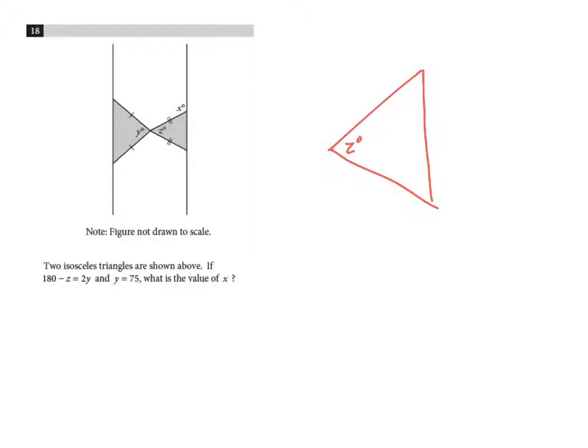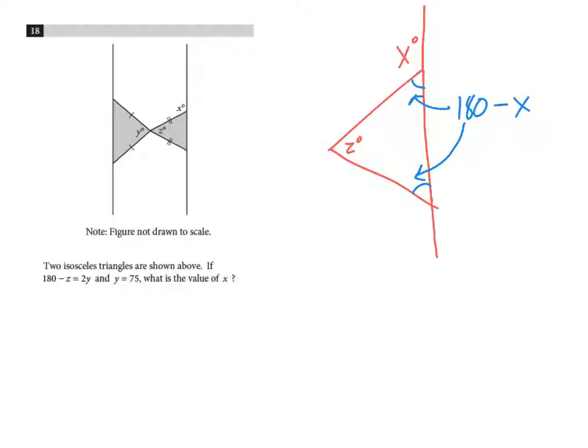We know this is z, and we know this is x. Well, we can say that inside of here, this angle right here must be 180 minus x. If these are isosceles triangles, then this as well would be 180 minus x.